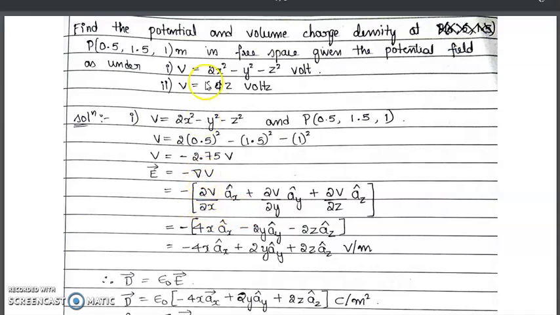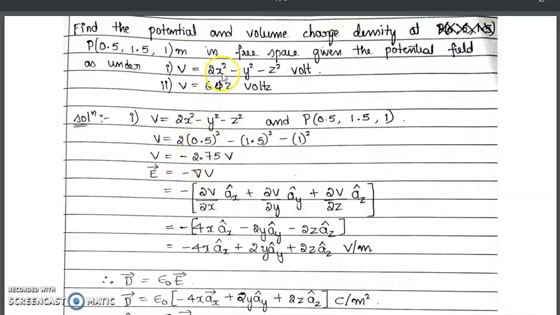You know that V = 2x² − y² − z². Substituting V and differentiating with respect to x, y, z, you have to do partial differentiation.